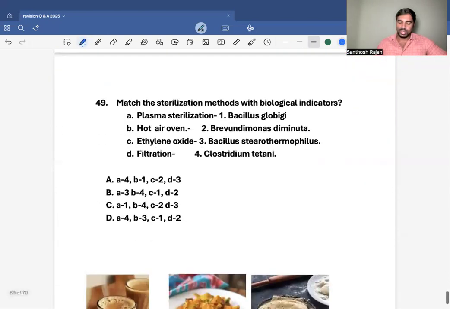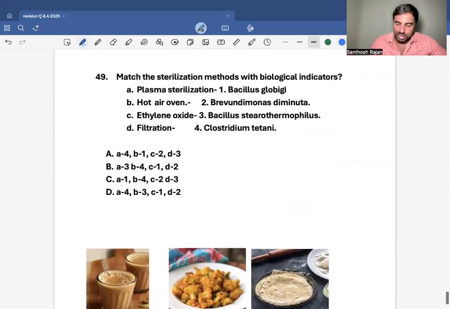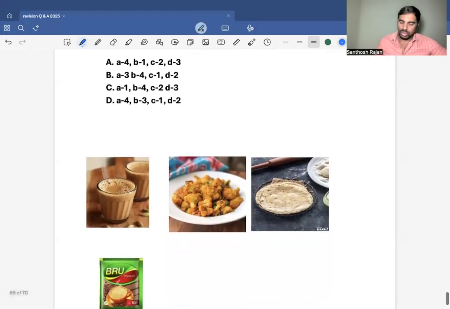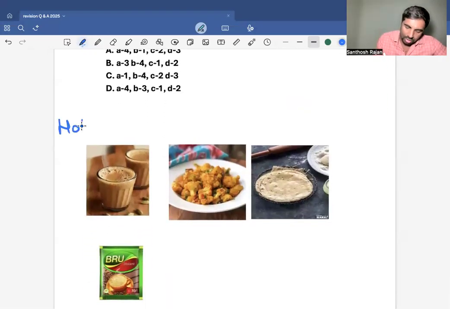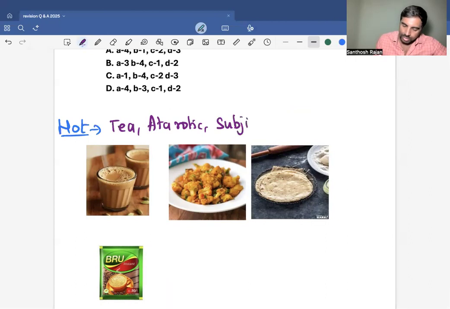Next, match the sterilization method with biological indicators. For plasma and autoclave, we know the best is Geobacillus stearothermophilus, that's the standard baseline. Hot air oven: whenever someone says hot, remember hot atta roti and hot sabji.